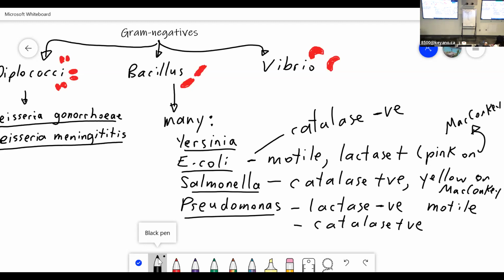Okay, so one more, Vibrio. I'm just checking my notes to see if there's anything else I was going to look at here. And Vibrio, I'm going to try to cram it in up there. There are a few Vibrios out there, but the one I'm going to mention once or twice later on this semester is the one that causes cholera.